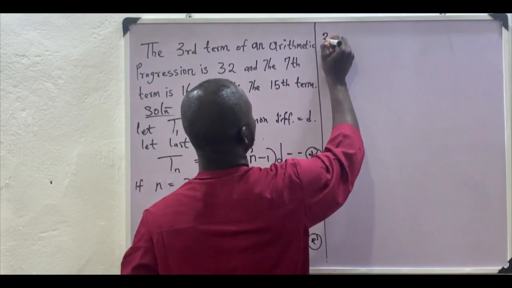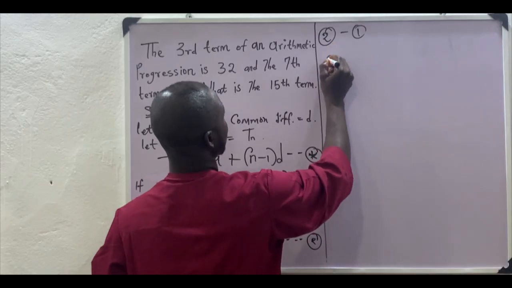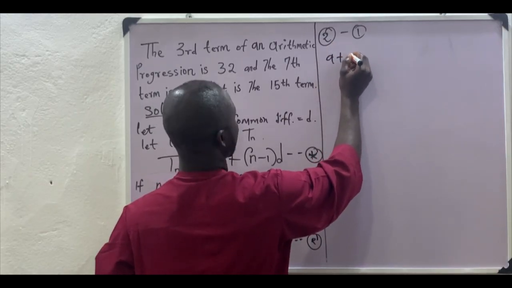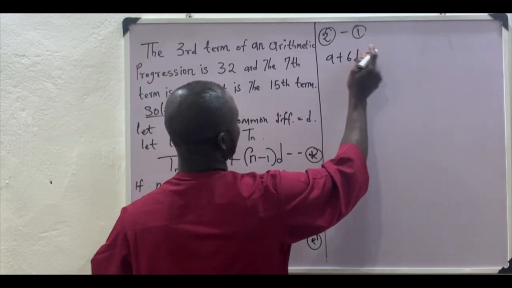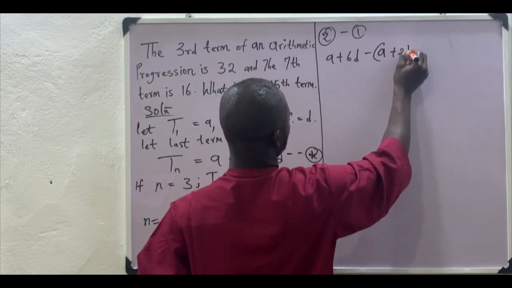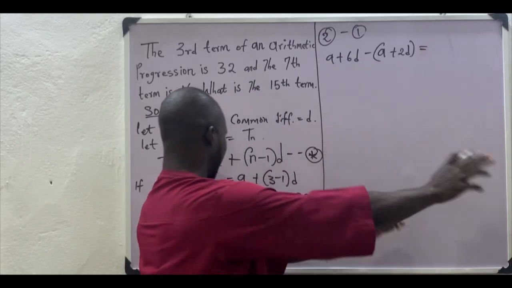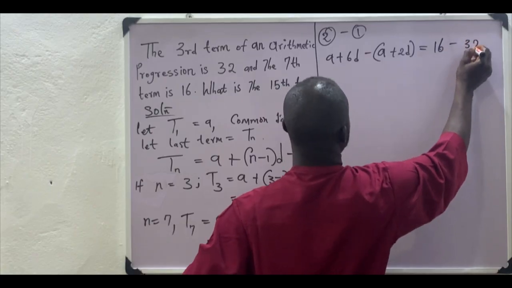If we do that, we have equation 2, a plus 6d, minus equation 1, a plus 2d. Then from the other side of the equation, we have 16 minus 32.